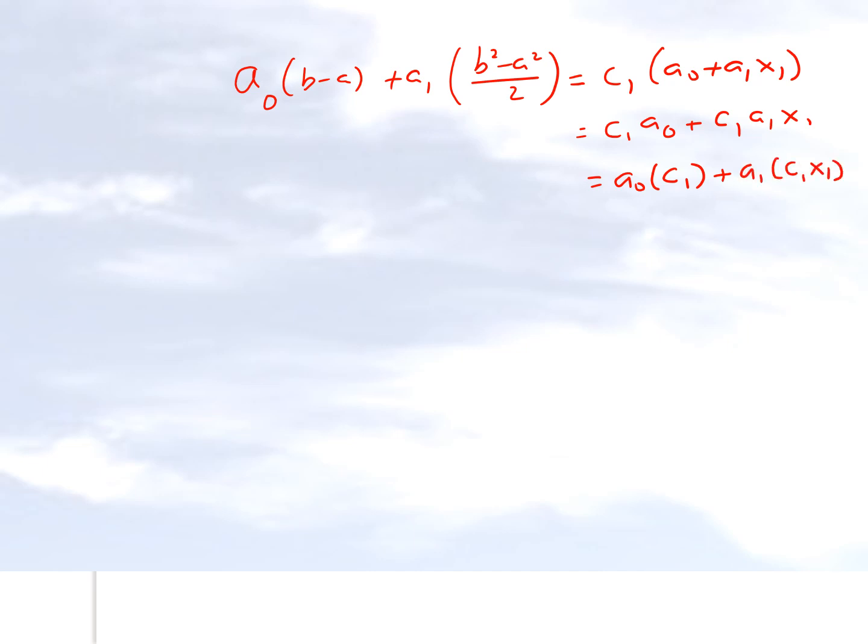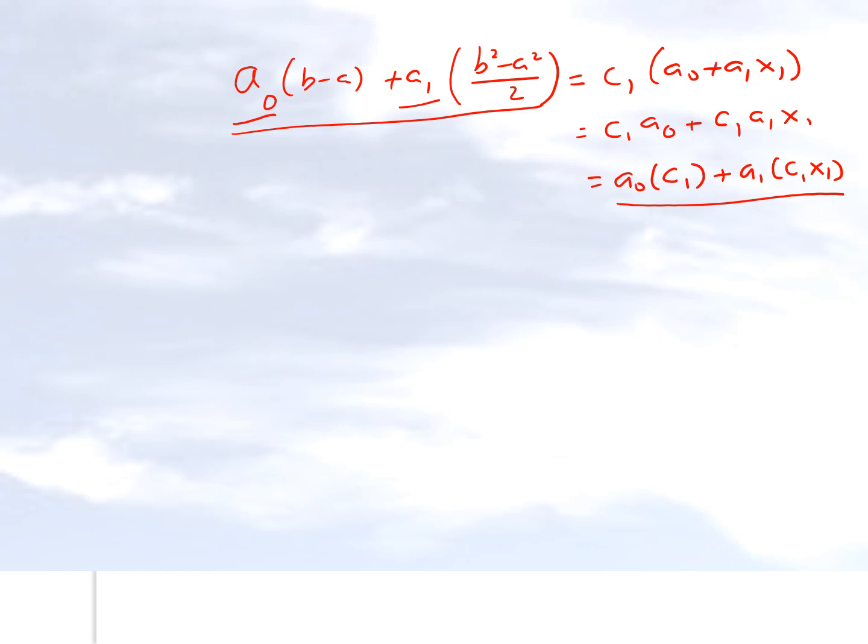Now what I see here is that since a naught and a1 are arbitrary, when I chose that function to be a naught plus a1 x, I didn't put any constraints on a naught and a1. So what that implies is that this whole expression is going to be the same as this expression only if the coefficients of a naught and a1 are the same.